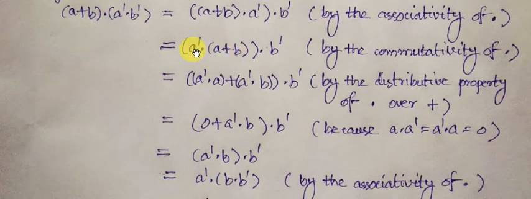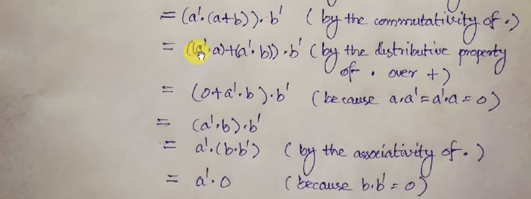So this is equal to a complement into a, plus a complement into b. This is the first part, and we have written it into b complement.